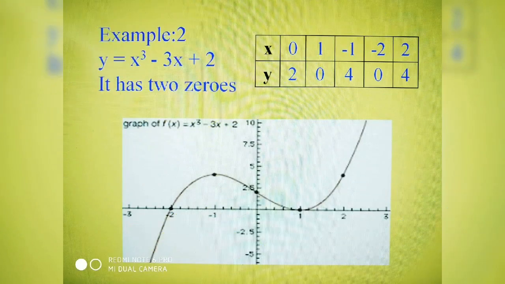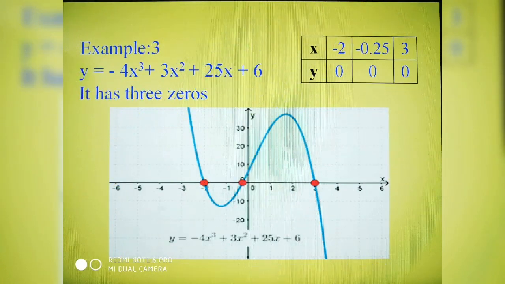Here I am taking the example y is equal to x cube minus 3x plus 2. Some values of y corresponding to some values of x are listed in this table, and by drawing the graph, we see that it looks like this, and it intersects the x-axis at 2 points. So this polynomial has two zeros.